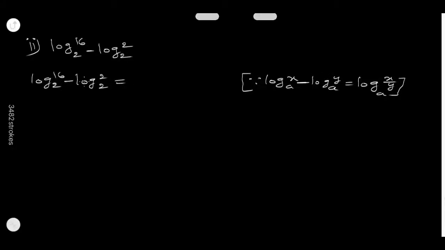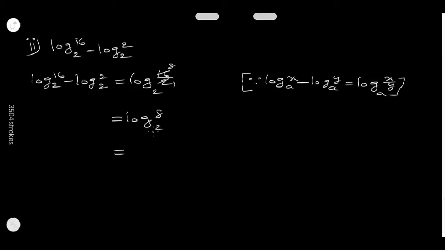Log 16 base 2 minus log 2 base 2 equal to log, here x by y will come. So x is 16, y is 2. 16 by 2 base 2 equal to log 8 base 2.